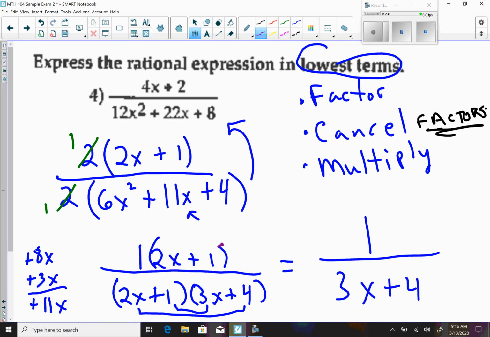Because 2x plus 1 divided by 2x plus 1 is 1. 1 times 1 is the numerator of our answer, and 1 times 3x plus 4 is the denominator of the answer.